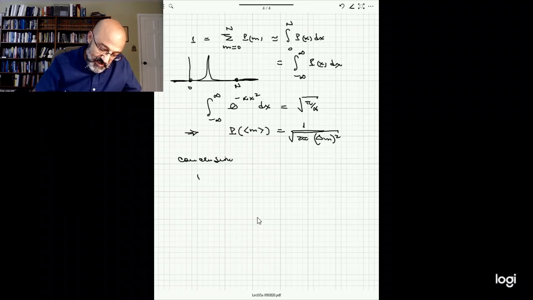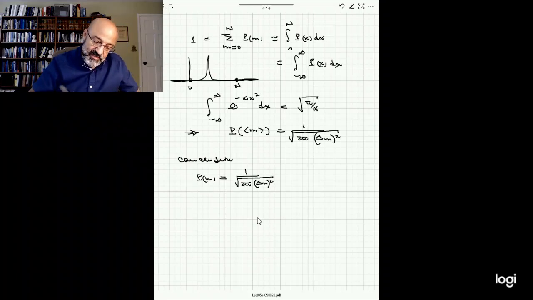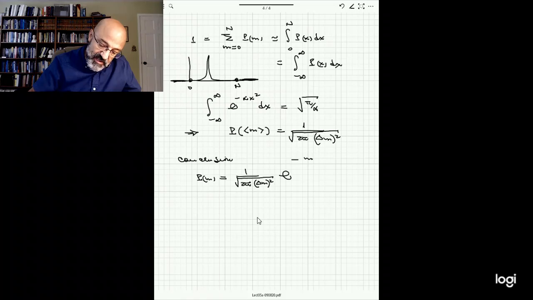Conclusion, the probability of m is given by 1 over the square root of 2 pi delta m squared, times the exponential of minus m minus the mean, squared, divided by 2 delta m squared.